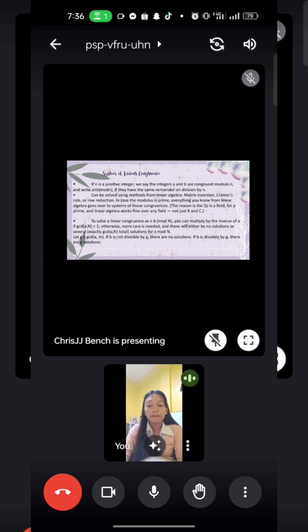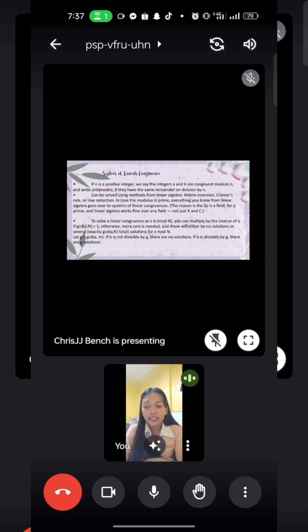The reason is that Z_p is a field where p is prime, and linear algebra works fine over any field, not just R and C. To solve a linear congruence ax ≡ b mod n, you can multiply by the inverse of a if gcd(a, n) = 1. Otherwise, more care is needed, and there will be either no solutions or exactly gcd(a, n) total solutions for x mod n.